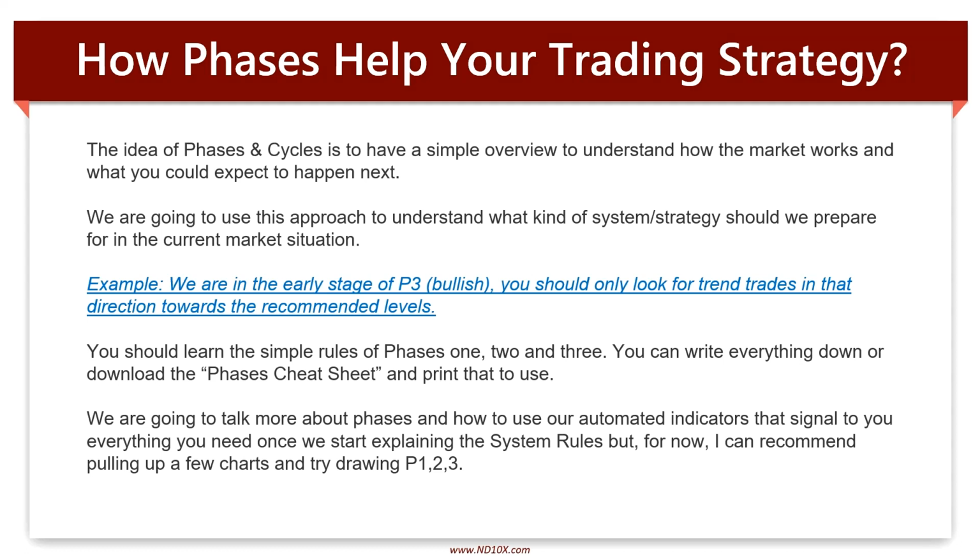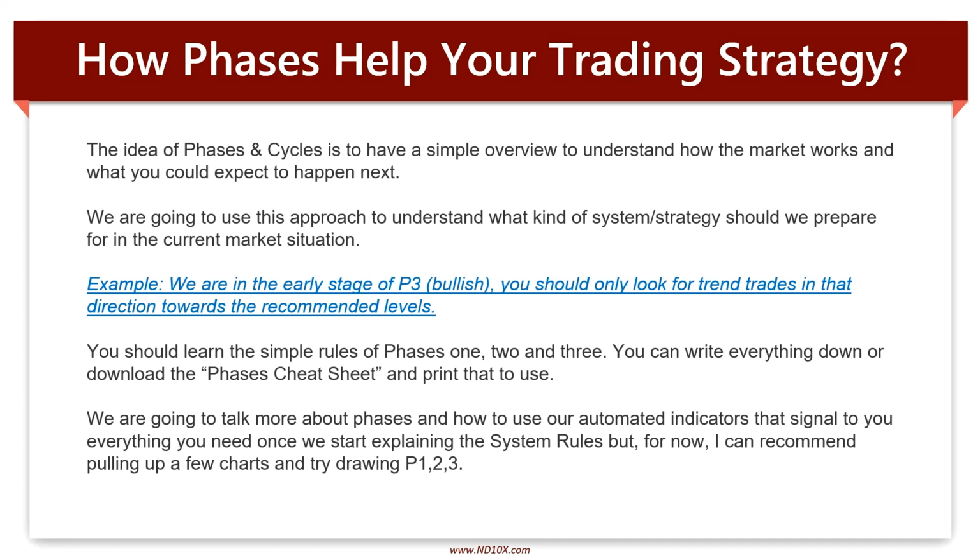You should learn the simple rules of phase 1, 2, and 3. You can write everything down or download the phase cheat sheet and print that to use. We are going to talk more about the phases and how to use our automated indicators that signal to you everything you need once we start explaining the system rules.